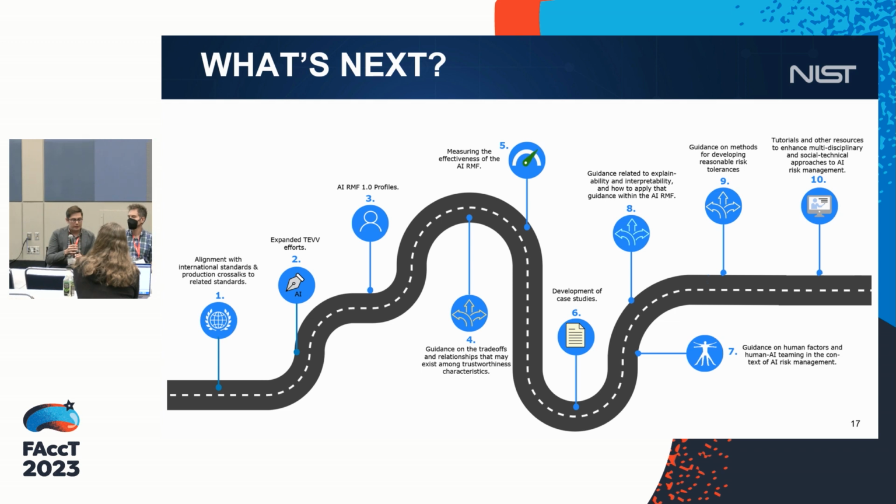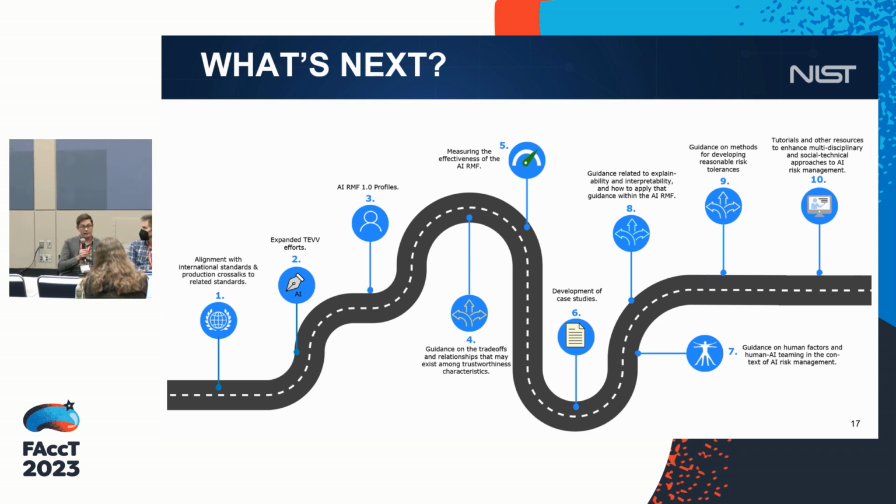So just to be clear, I think each function has at least one category that specifically addresses third-party risk. Is that enough? Probably not, right? So please send emails, tell us what you think.